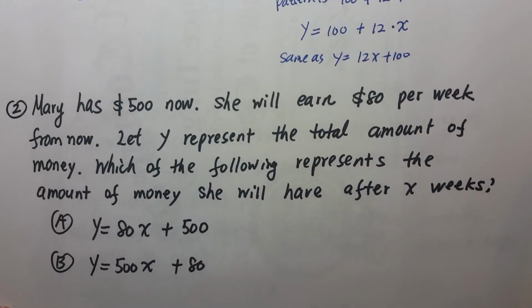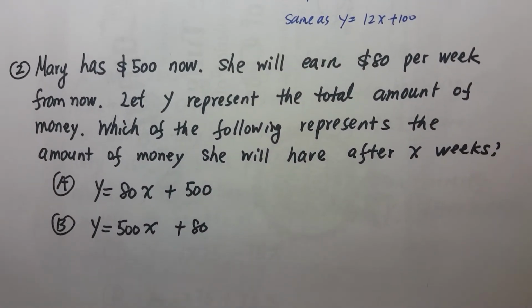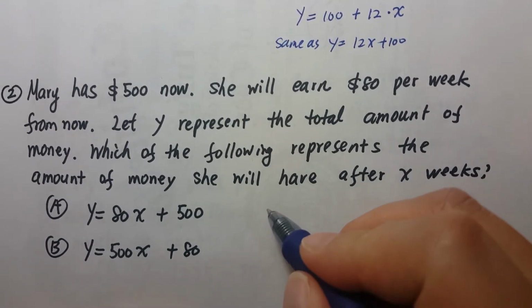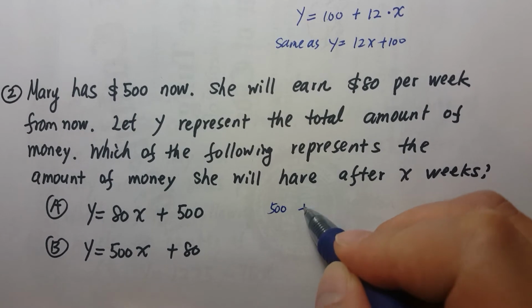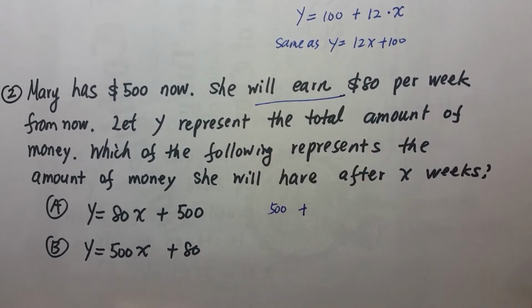We also have to find a pattern for number 2. Mary has $500 now. She will earn $80 per week from now. Let Y represent the total amount of money. Which of the following represents the amount of money she will have after X weeks? She begins with $500, and then she'll get more money because she will earn money.